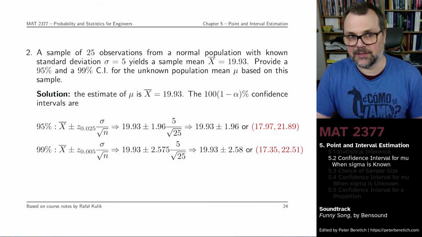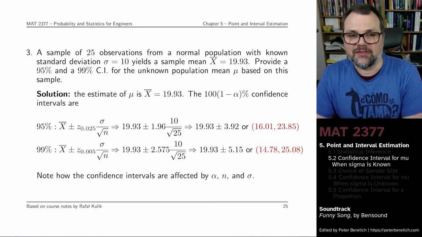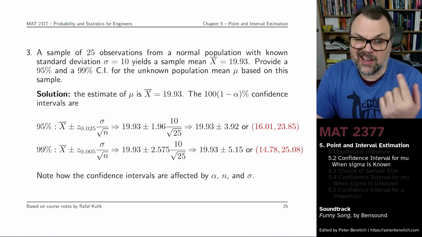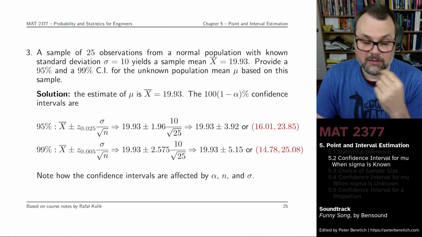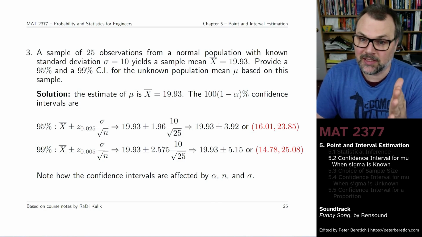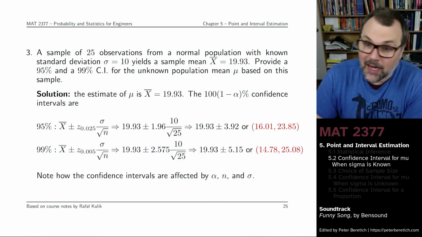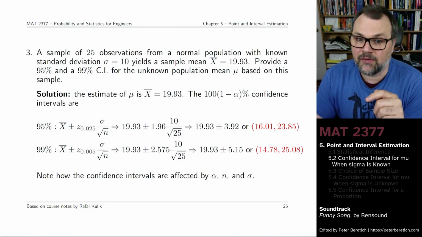It has tightened it. Let's say that you once again draw 25 observations from your normal population, but now the underlying standard deviation was known to be 10 instead of 5. And again, completely by coincidence, you get exactly the same sample mean, 19.93. There's no reason why that should happen in practice, but here it happened. What would be the 95% and the 99% confidence intervals?